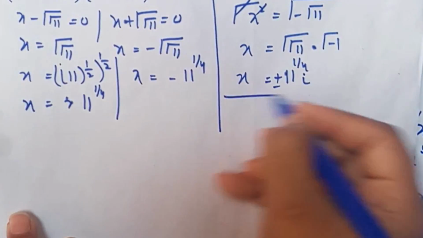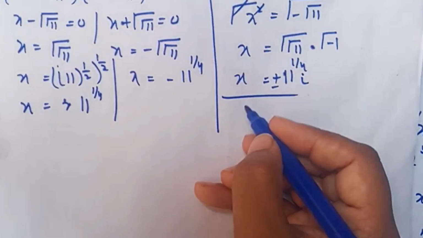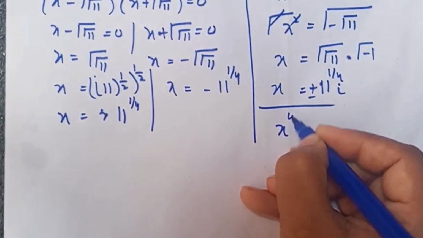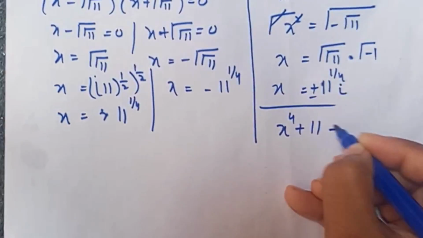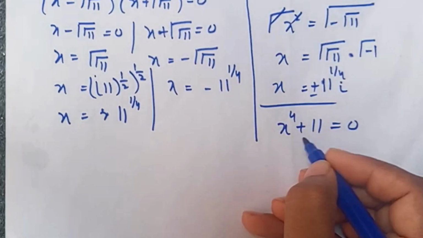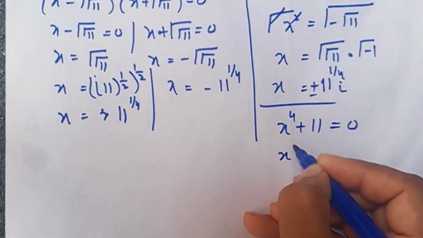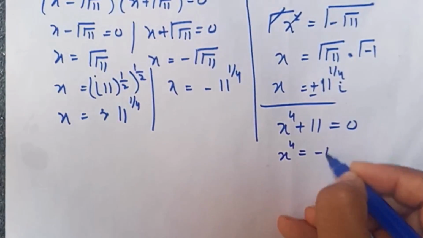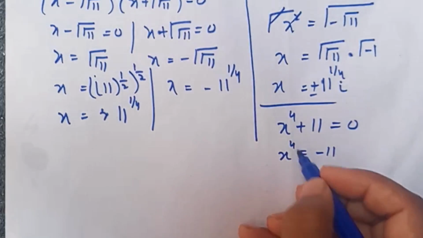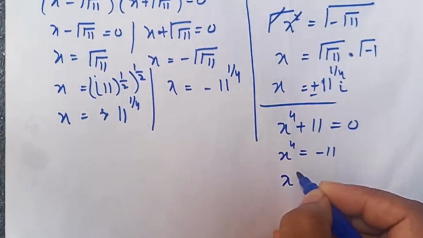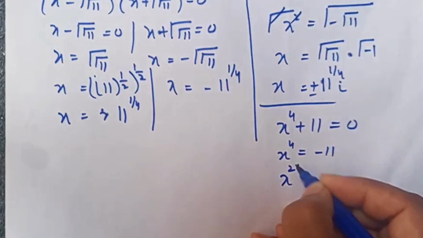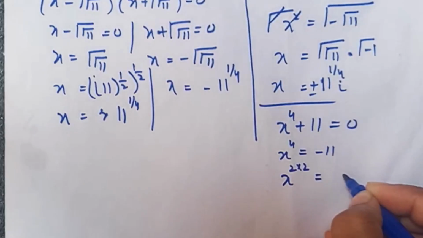So in the next step, look at case number 3, which is x raised to the power 4 plus 11 is equal to 0. So we subtract 11 on both sides, we get x raised to the power 4 is equal to minus 11. Now we write this x raised to the power 4 as x raised to the power 2, multiplied by 2, is equal to minus 11.